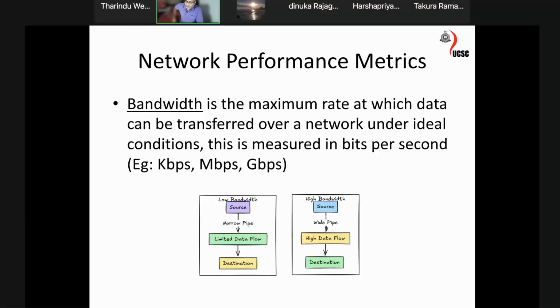After, let's say, 3 years, your business has grown tremendously and you identify that your 1 Gbps network is not enough for your entire communication because there is a high demand for bandwidth, so you can upgrade it to 10 gigabits as the next step. There are multiple gigabits-per-second speeds developed over the years.